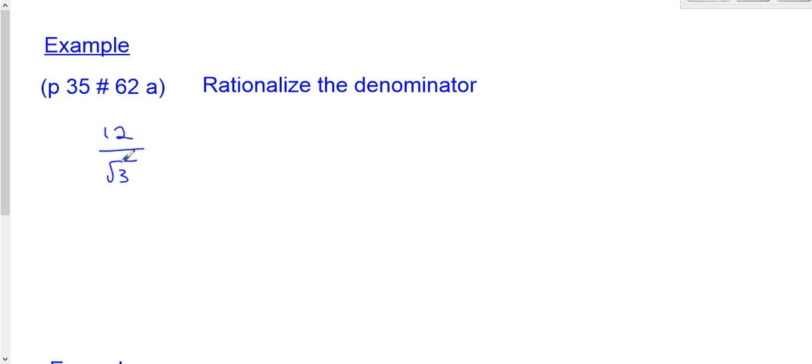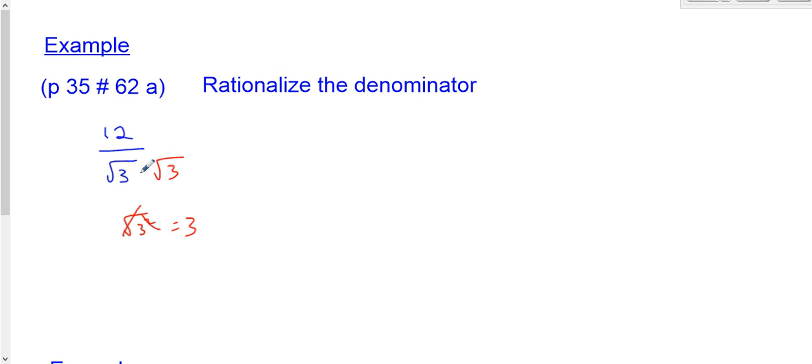And since this is a radical with a value of 2, that means I need 2 of whatever factor is listed underneath the radical, which means I need another 3. That's a square root of 3 times a square root of 3. So that's going to give me the square root of 3 squared. And the square root of 3 squared shows that the radical value of 2 is the same as the exponent, and those cancel out to give a 3.